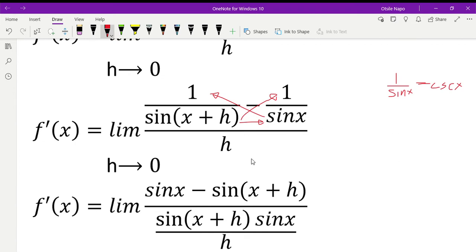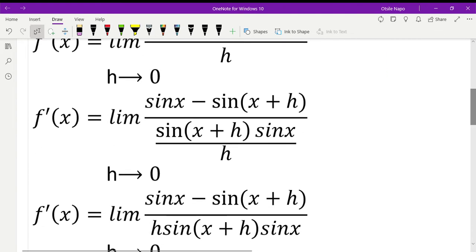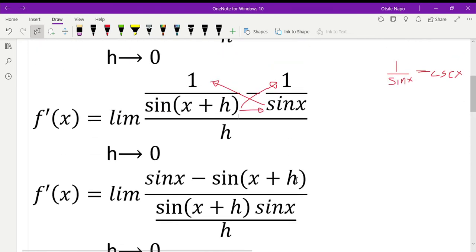Then you get, let's focus here. When you cross multiply, you will get sine x multiplied by 1 is sine x, minus 1 multiplied by sine of x plus h.